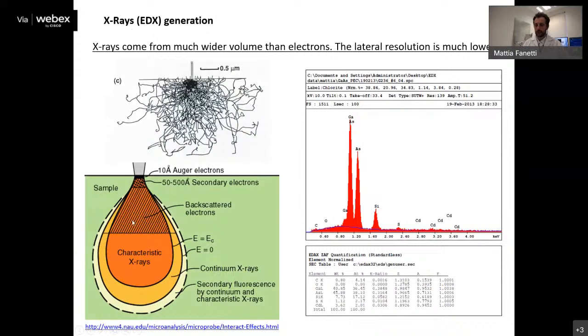So the lateral resolution in the case of EDX is much worse, let's say. You have a resolution of at least 100 nanometers, typically even more.